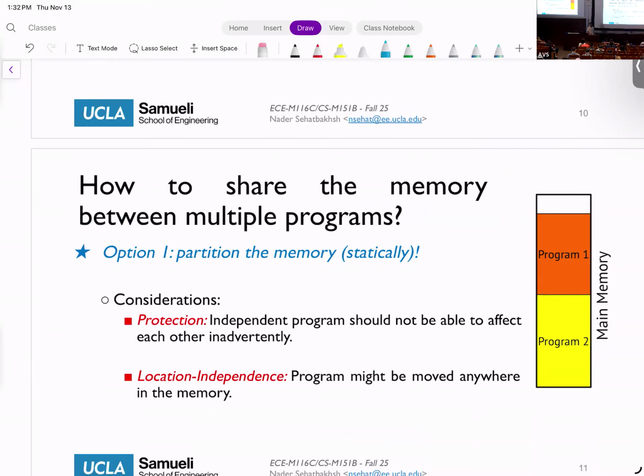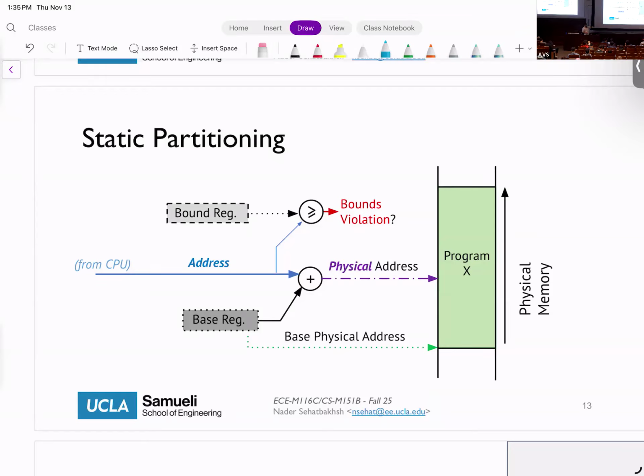The address comes from the CPU side, and I have two important registers, the bound register and the base register. The base register adds to the address that is coming from the CPU, and this way I'm going to have what we call the physical address.